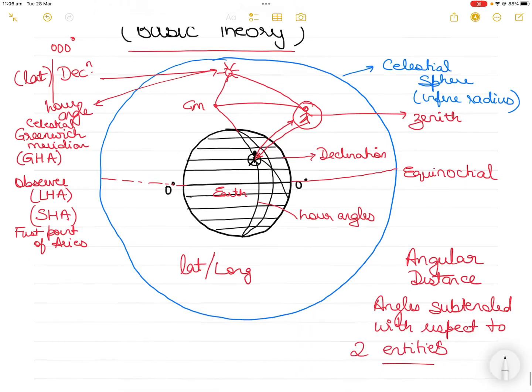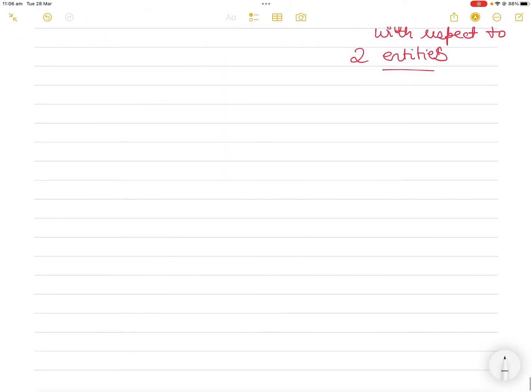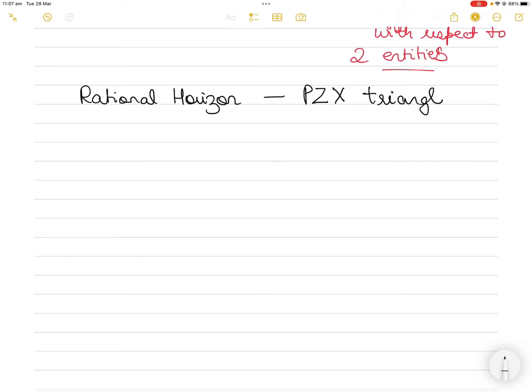So the whole system of celestial coordinate system is based on what we call the rational horizon diagram. Now we also call this diagram the PZX triangle. Now what is the basis of this PZX triangle is that we draw the celestial sphere.